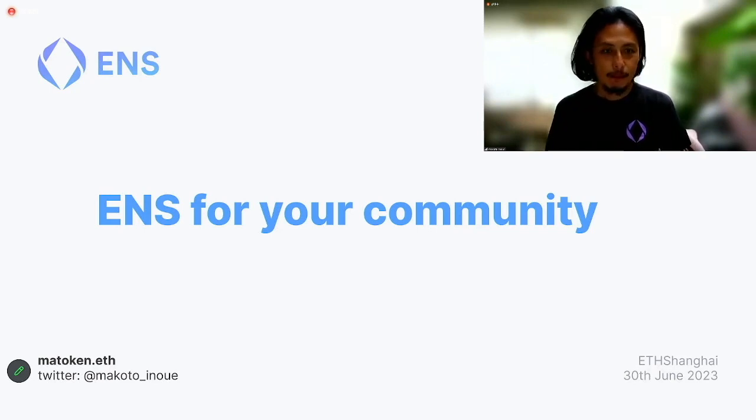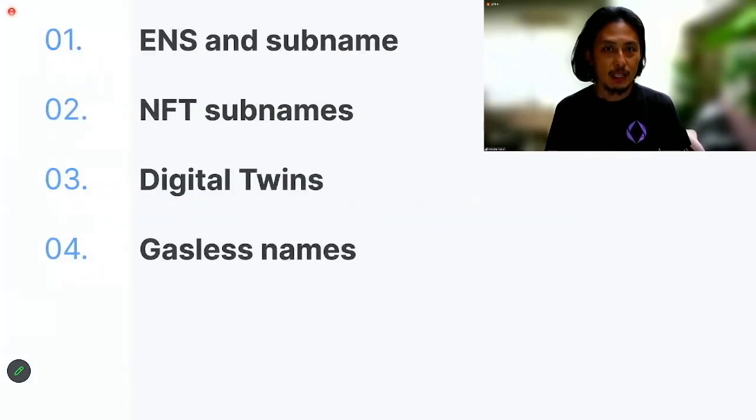Today, ENS can do a lot of stuff, but I specifically want to talk about so-called subnames, which in my opinion are being underutilized, but we've made some progress. First I'm going to talk about what ENS and ENS subnames are.